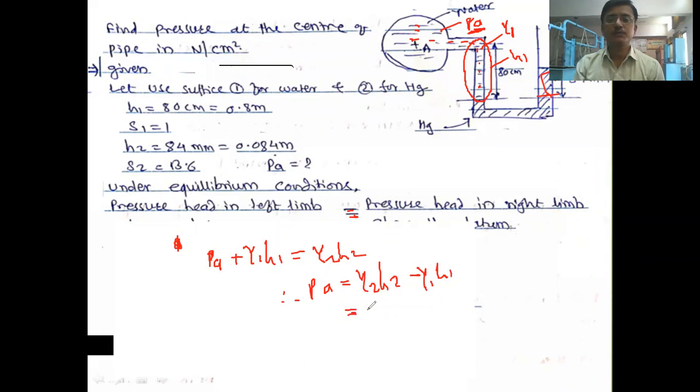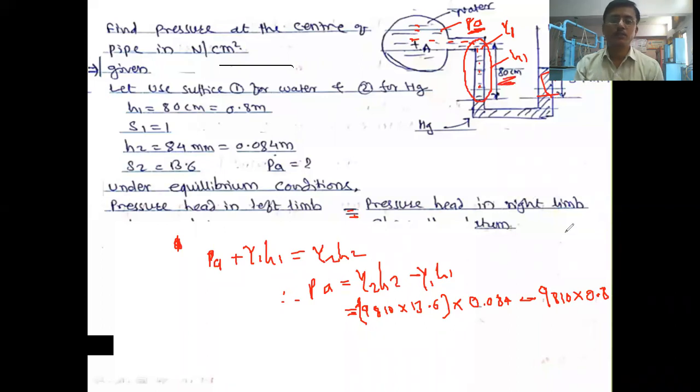Now what is the gamma 2 value? It is 9810 multiplied by 13.6, right? This is gamma 2 into the value of h2, which is 0.084, minus gamma 1 value 9810 into h1 0.8, right?